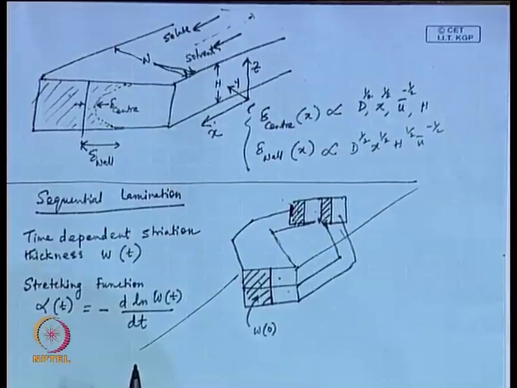This is what I call the stretching function. That is how it is defined. Why are we getting into this ln W t? Okay, there is a history to it.